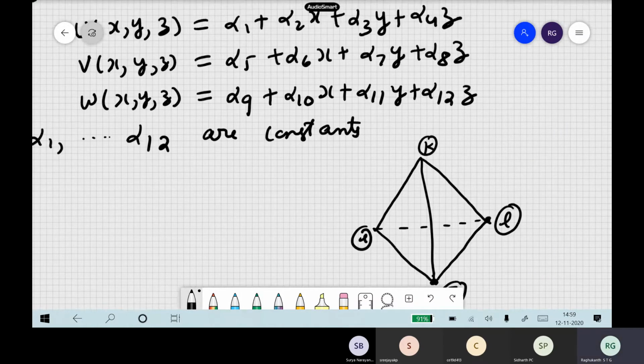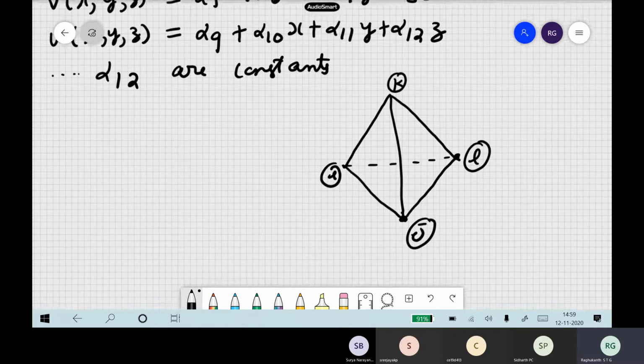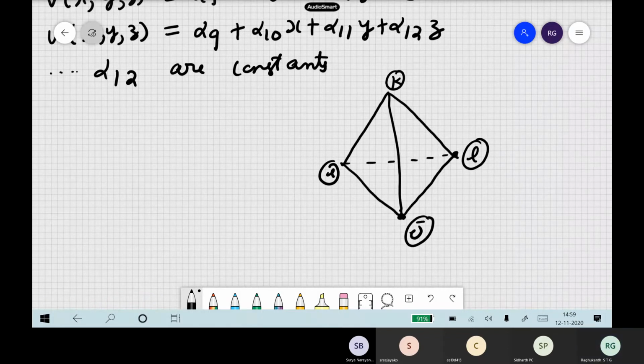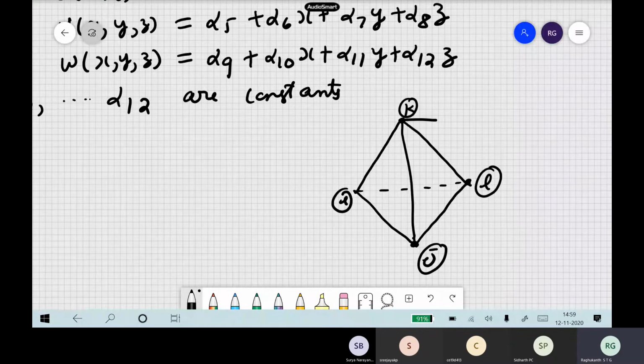See here how many unknowns are there? 12 unknowns are there, so you should get 12 equations. How many nodes does a tetrahedra have? 4 nodes. How many degrees of freedom will be there at each node? 3. So what are those 3?